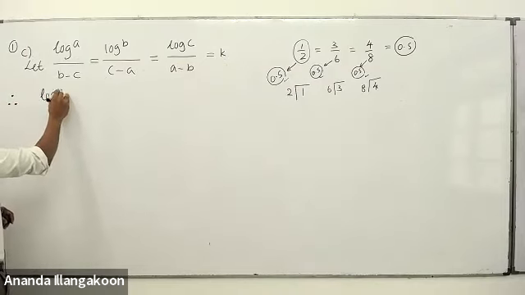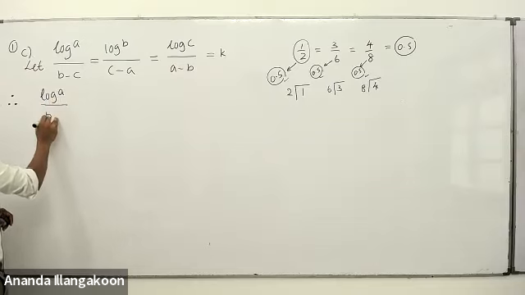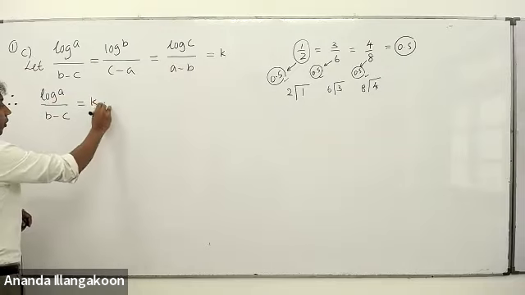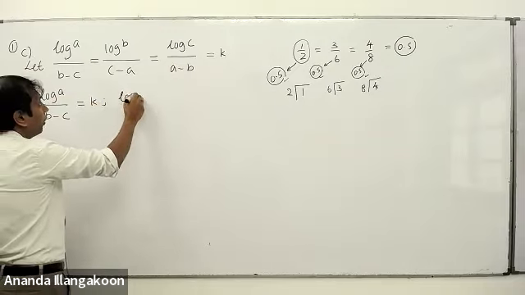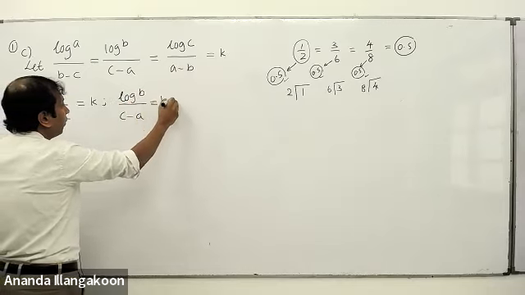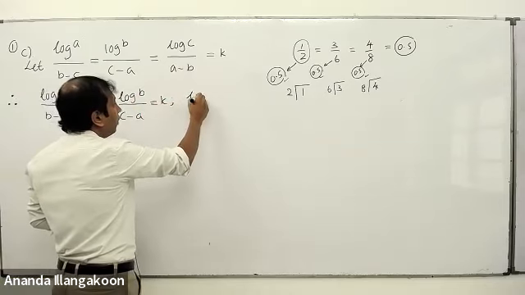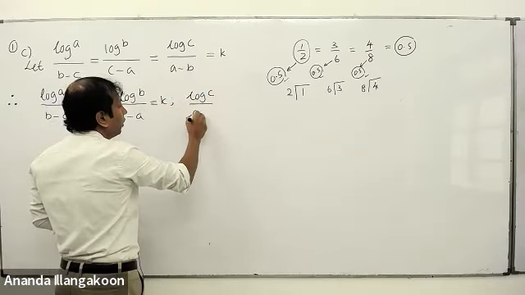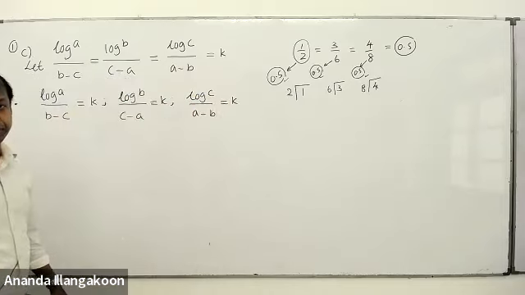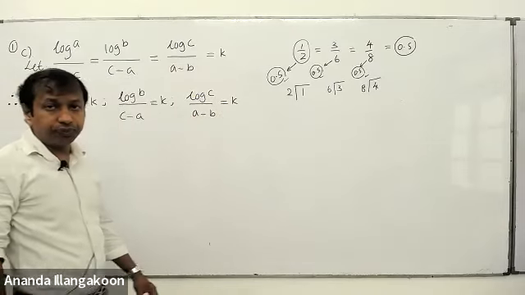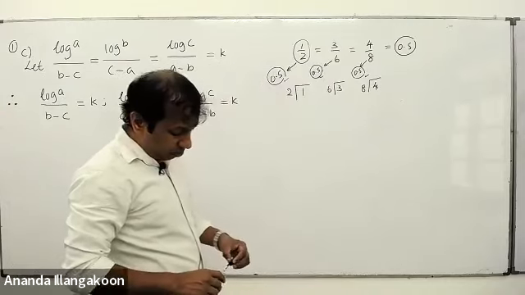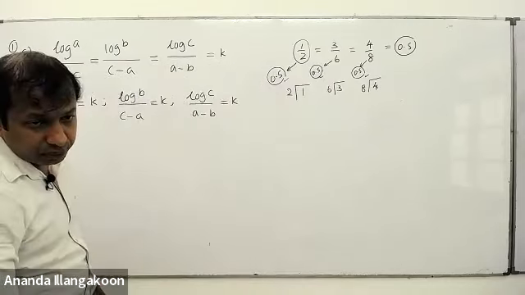Logarithm of a divided by b minus c equals k. Second, logarithm of b divided by c minus a is also k. Logarithm of c divided by a minus b is also k. Understood? Up to here, I think everybody can understand. Any question, people, up to here?